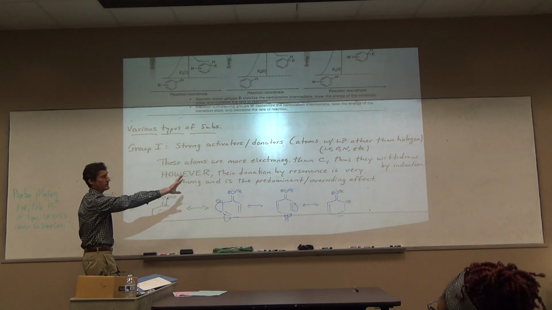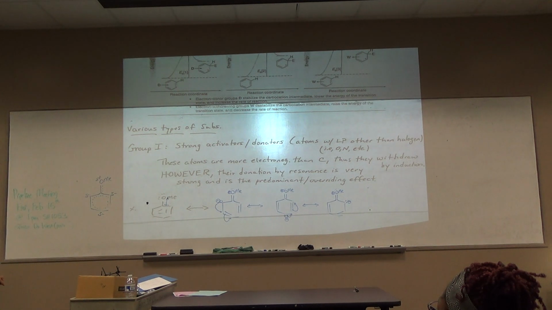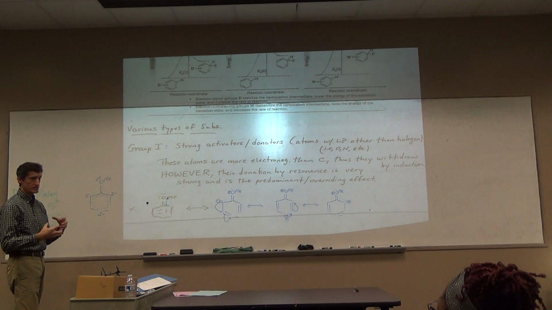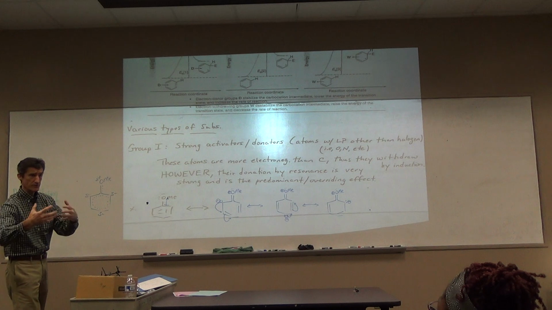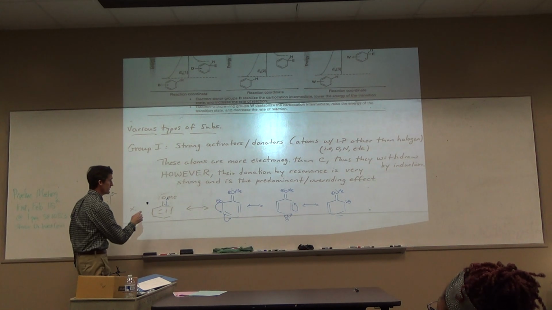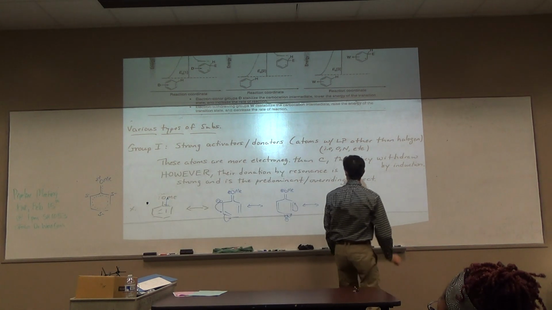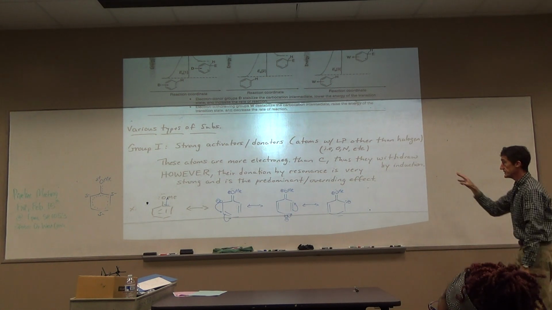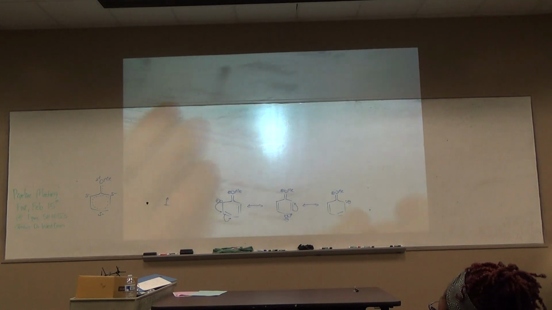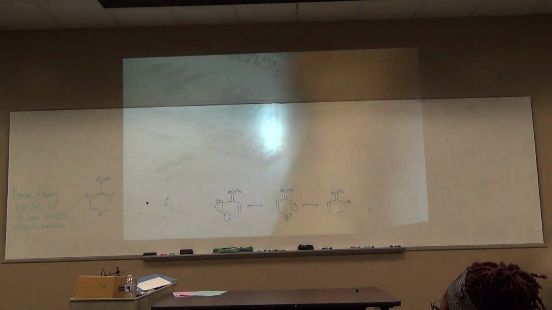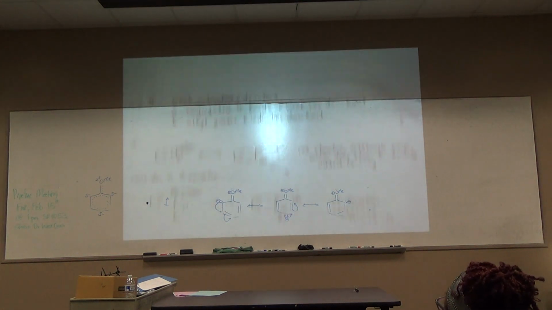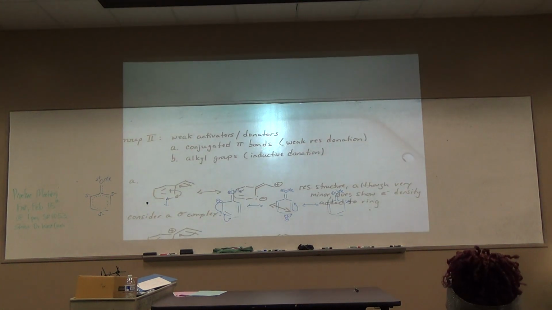Any atom with a lone pair other than halogen. Ultimately we want to know the net effect, because often groups can do both, donate and withdraw. The net effect here is to donate. Group 1, net donator. And it's strong because it's resonance. It's the strongest. Group 2 are weak activators or donators.